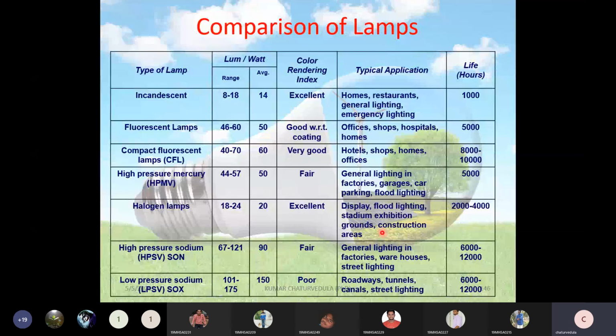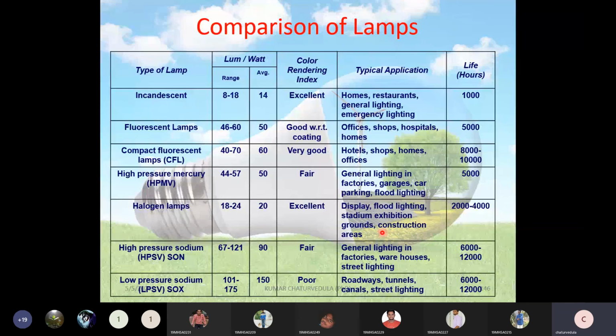Then we have halogen lamps, high pressure sodium vapor lamps, low pressure sodium vapor lamps. Of course, these are not in the syllabus as a consideration. I just made a comparison so that you know these types of lamps are present. Halogen lamps are especially used for flood lighting, stadiums, and some monument exhibitions. Nowadays, these things are going to be replaced.